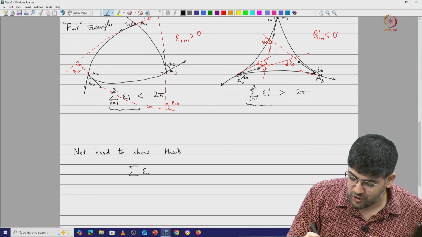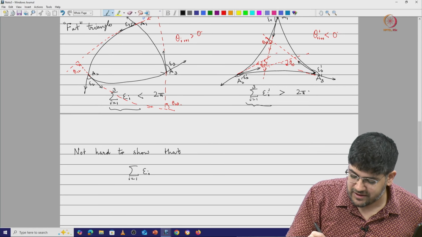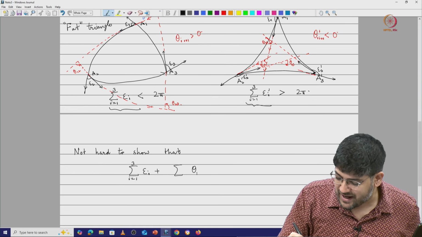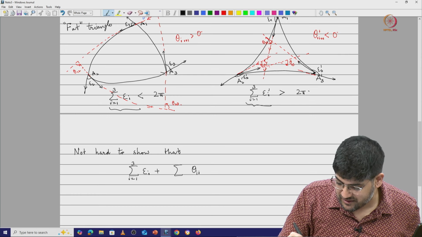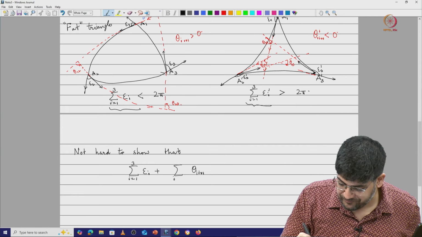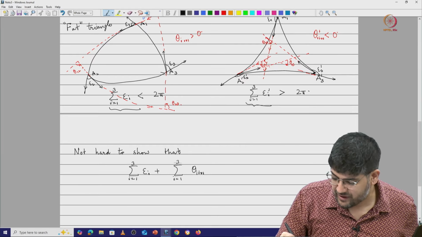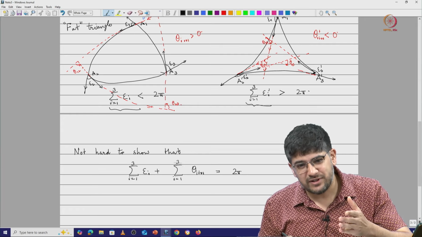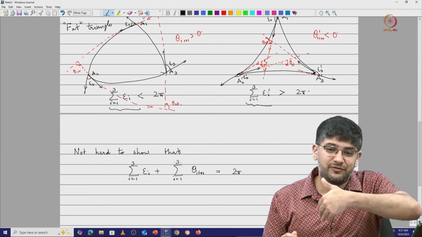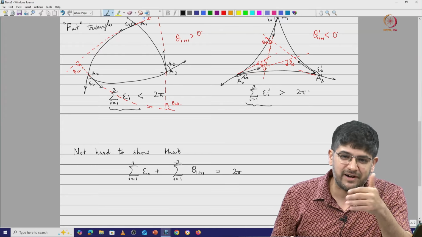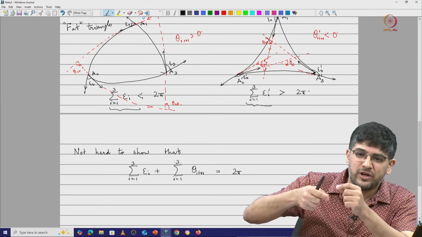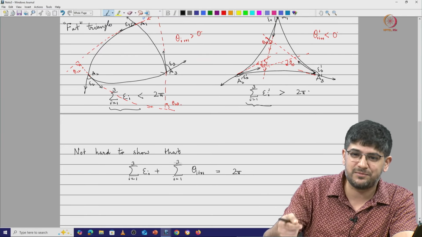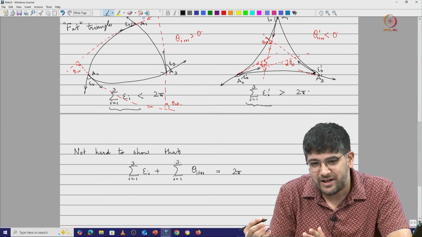If you take the sum of all the external angles plus the sum of all the turning angles, then that is actually going to be 2 pi. So if you take into account the fact that your tangent vector to the curve actually turns, and if you do careful bookkeeping, calculate the angle that it turns and then add that back into your sum angle formula, then you actually get 2 pi, right.